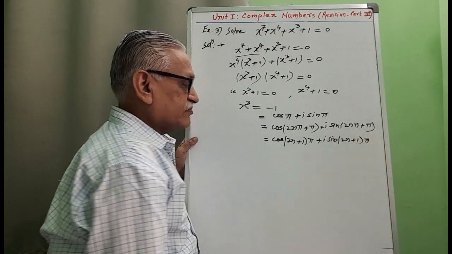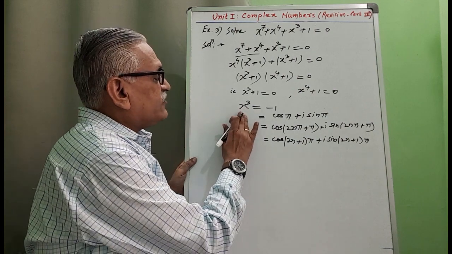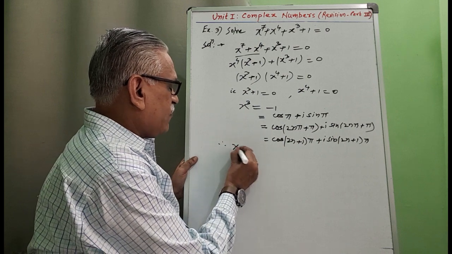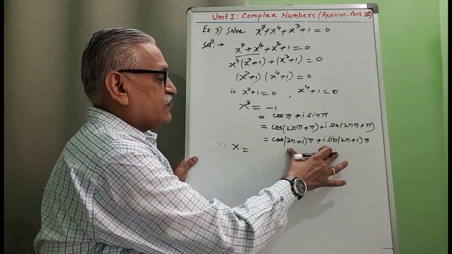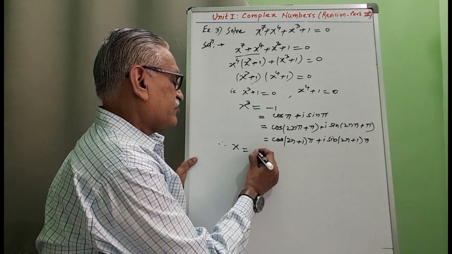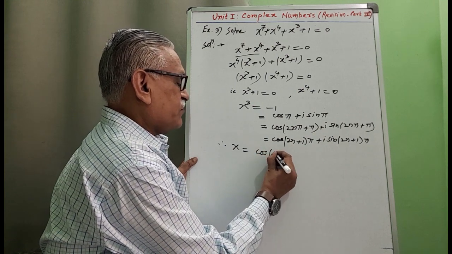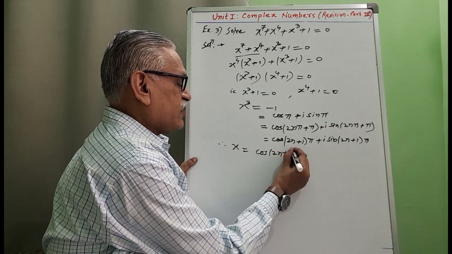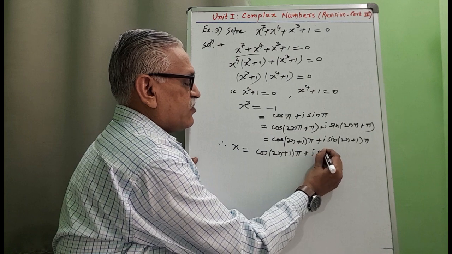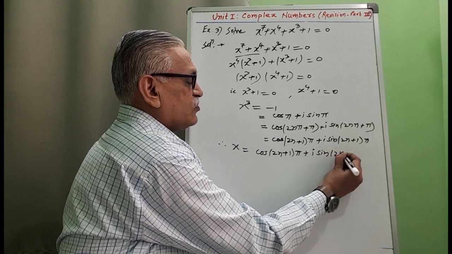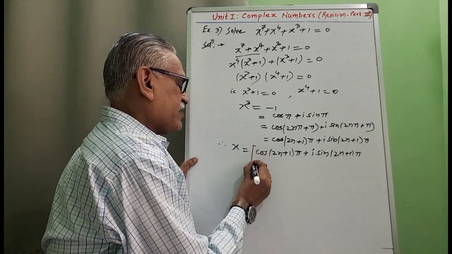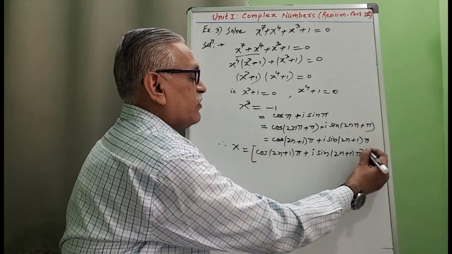Transferring this power 3 to the right hand side, the value of x is the cube root of this. Therefore it is cos of 2n plus 1 times pi plus I times sine of 2n plus 1 times pi, and this bracket raised to 1 by 3.